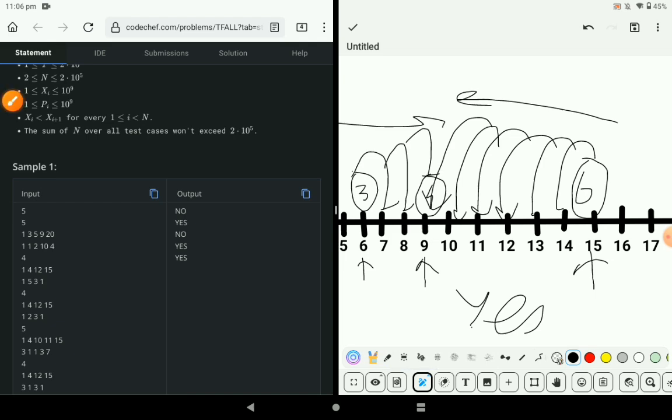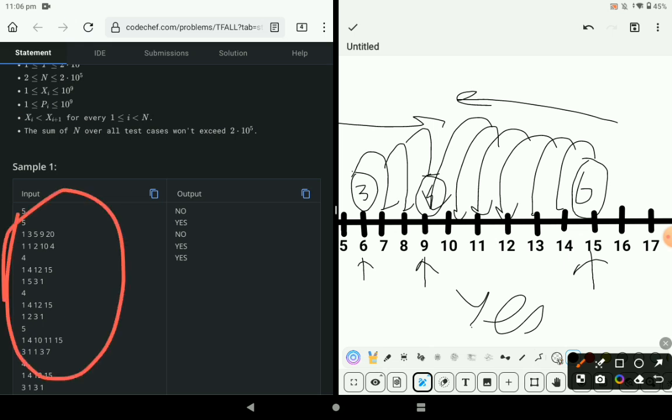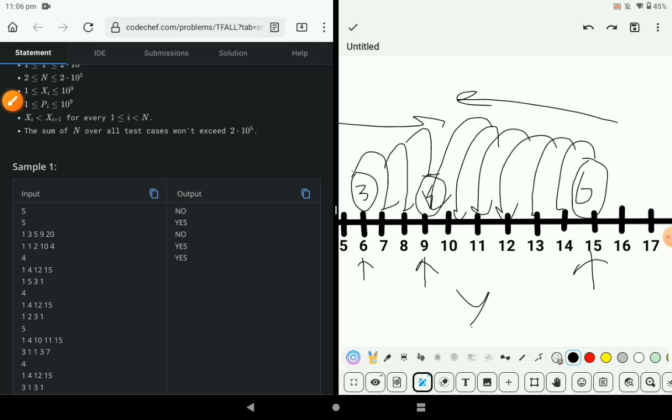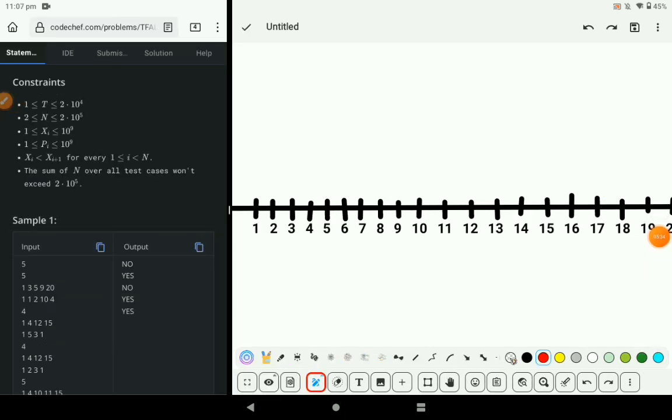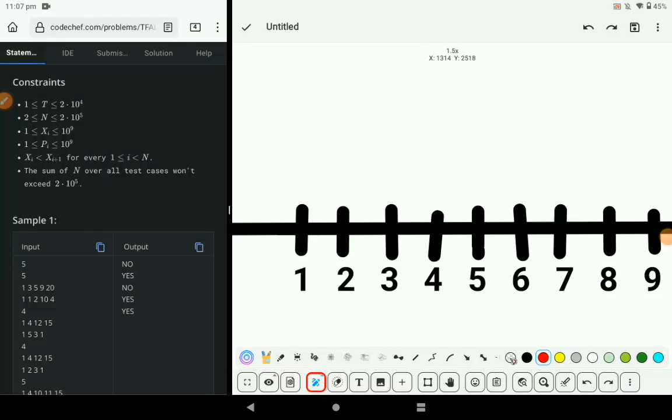Let's try to understand this problem statement with the help of these test cases. Is that clear? Okay, so now let's begin. Let's suppose we have been given test case number 1, in which the first ball is at index 1 and its power is 1.